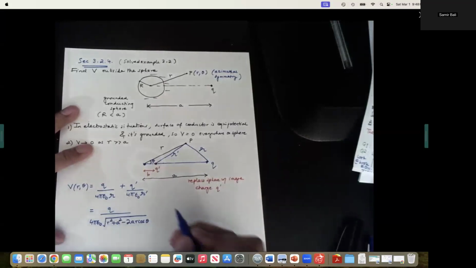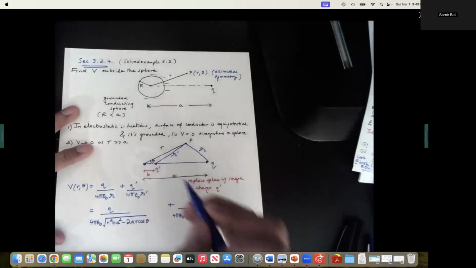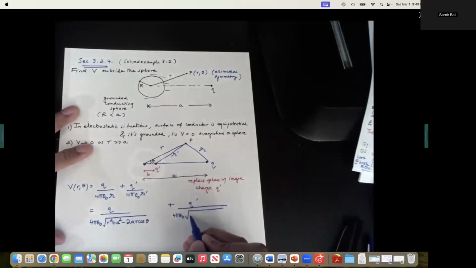And for Q prime, this is simple also. Now it's this skinny triangle here, and this would be R squared plus B squared minus 2BR cosine theta.